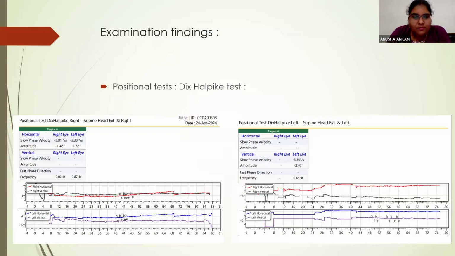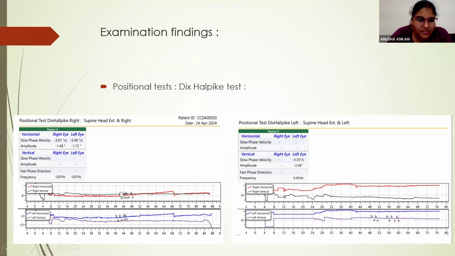The history is typical of positional vertigo, and she says that lying on the right side, she gets more of this spinning sensation. So I was very sure that this is a BPPV case, and I went to the positional test under VNG. If I see the Dix-Hallpike test, there is no finding, not much nystagmus here.